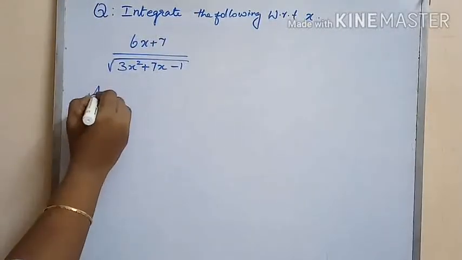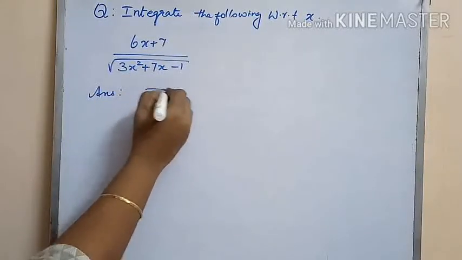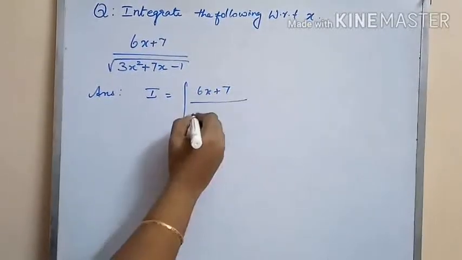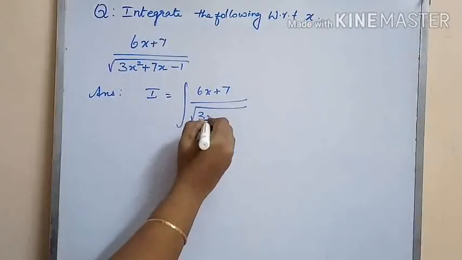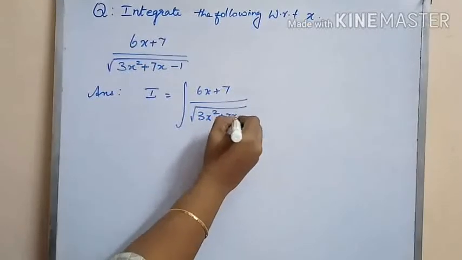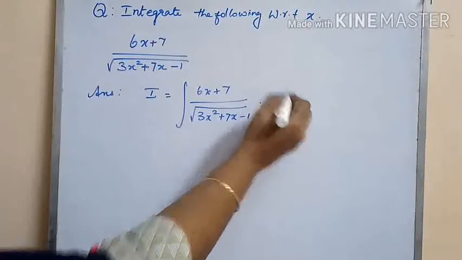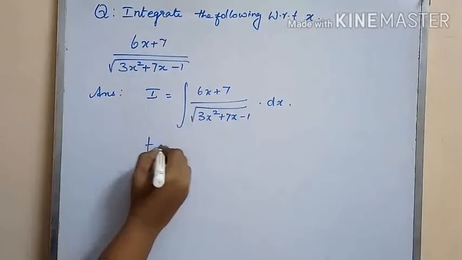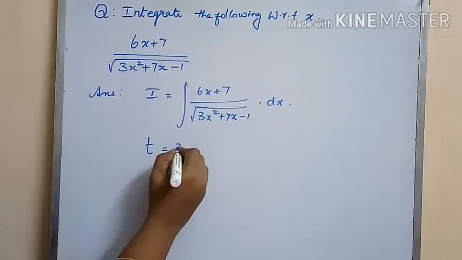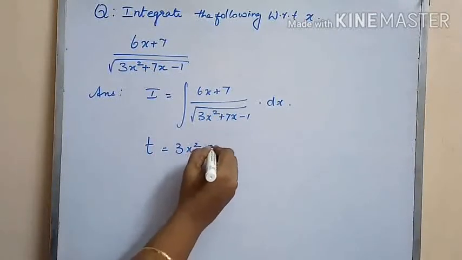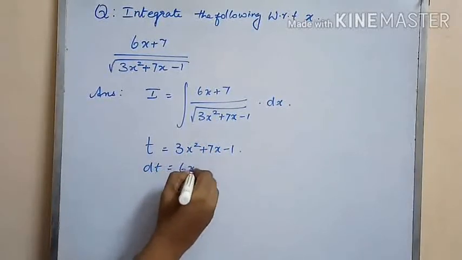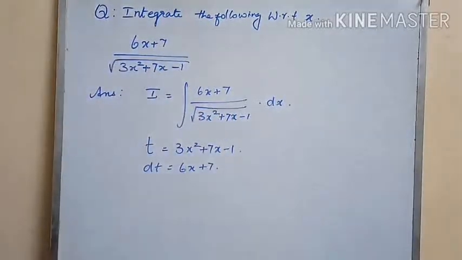Next problem here is (6x + 7) by the root of (3x² + 7x − 1). The substitution we are going to make here is t is equal to 3x² + 7x − 1. So dt is equal to (6x + 7) dx.